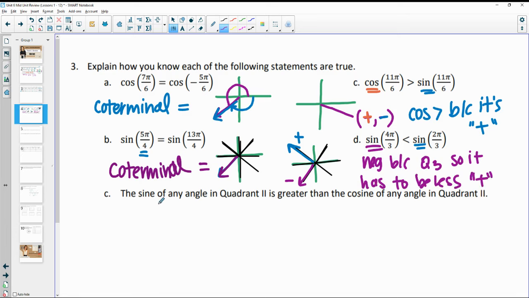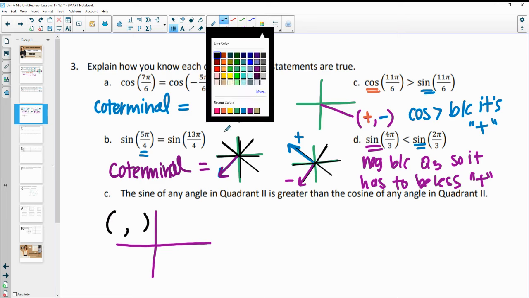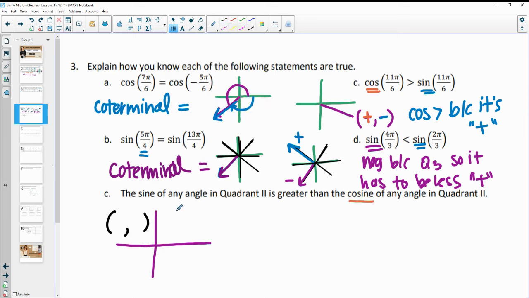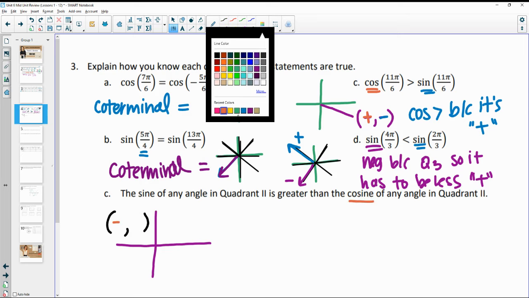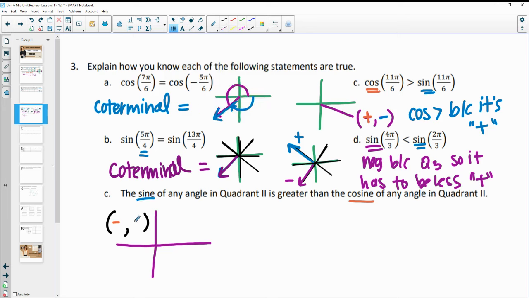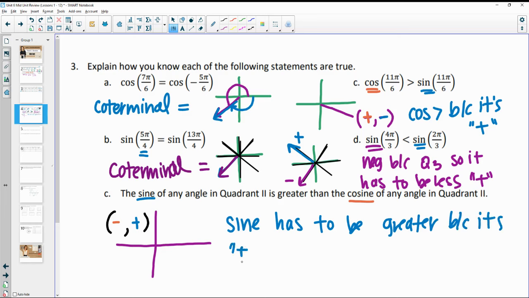And then the sine of any angle in quadrant 2 is greater than the cosine in quadrant 2. So when we're in quadrant 2, the cosine is going to be negative and the sine is going to be positive. So the sine has to be greater because it's positive and the cosine is negative.